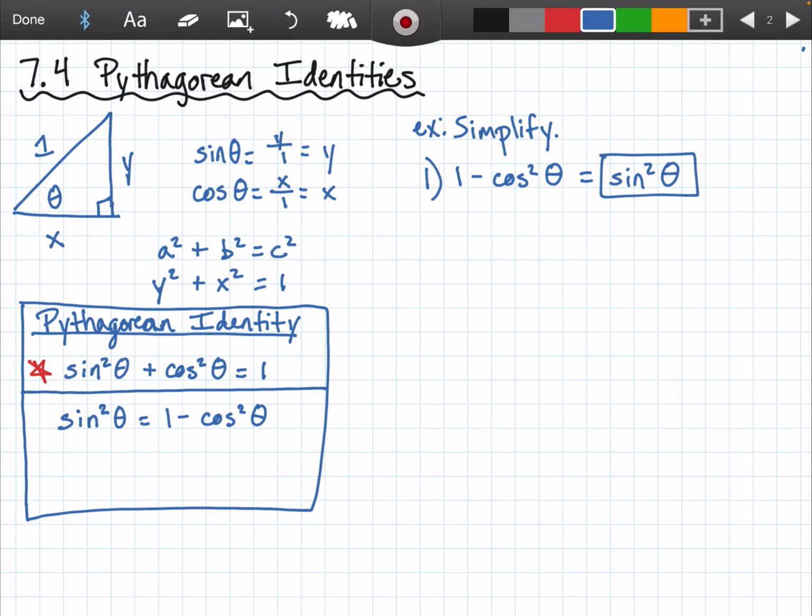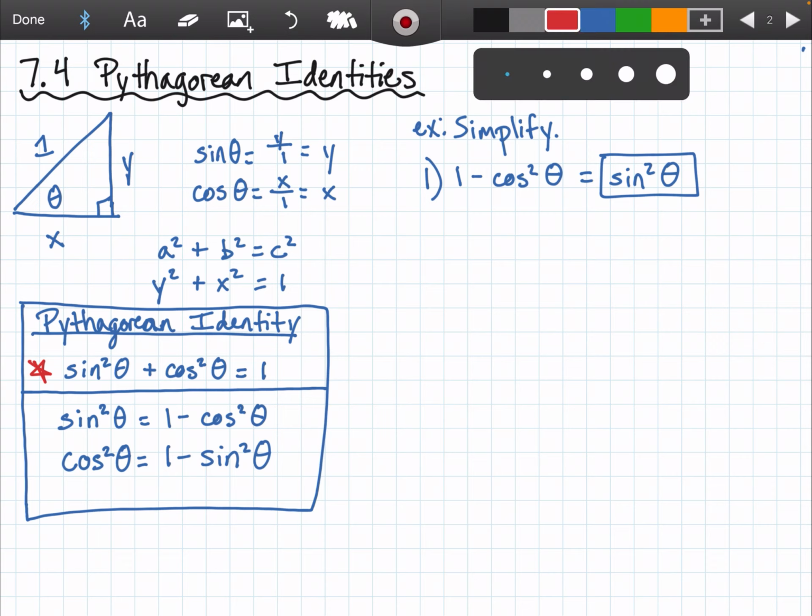I could do the same thing going back to this identity. I could subtract sine squared from both sides and get 1 minus sine squared. So those are just two different ways that we can write the Pythagorean identity, but they all come from sine squared plus cosine squared equals 1.